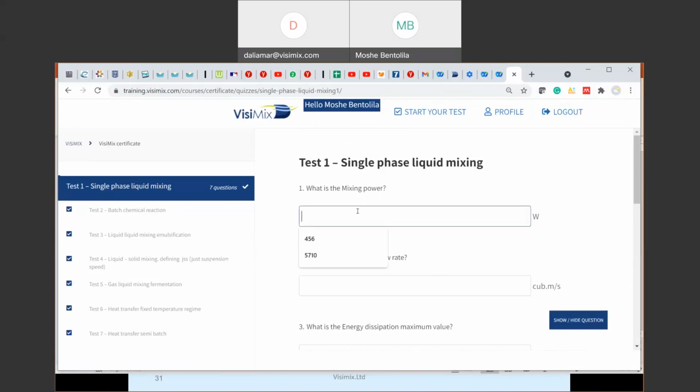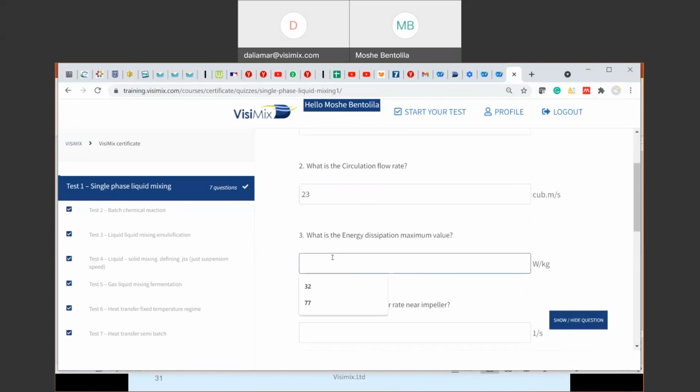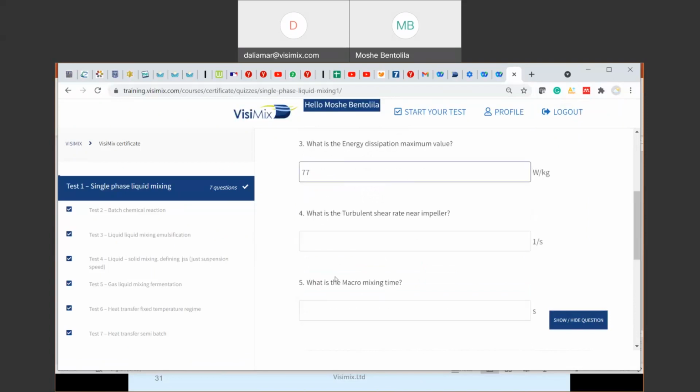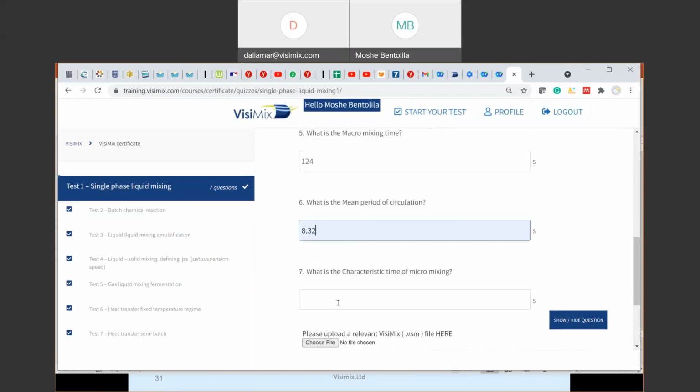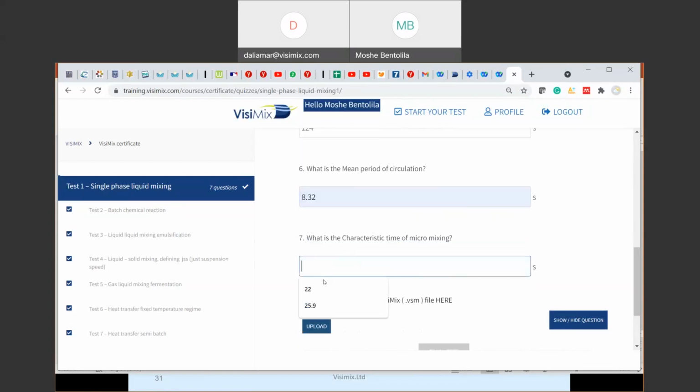The answer will be 5710. Okay. We don't release to you the answer. And the second will be, let's say, 33. And the third question will be 77. Okay. And the fourth question will be 4360. And like this, we progress. We answer all the questions.